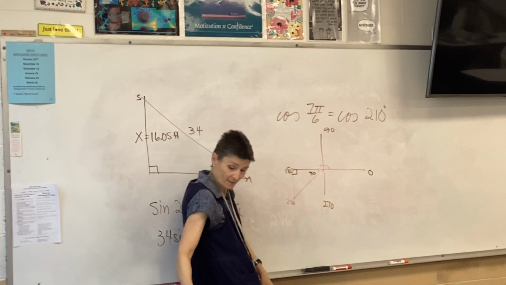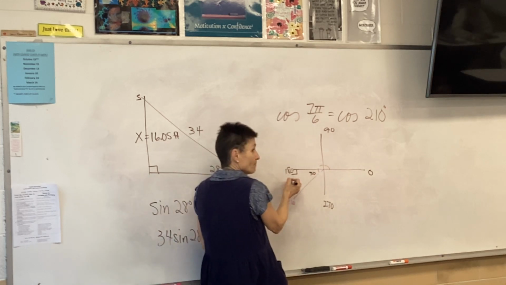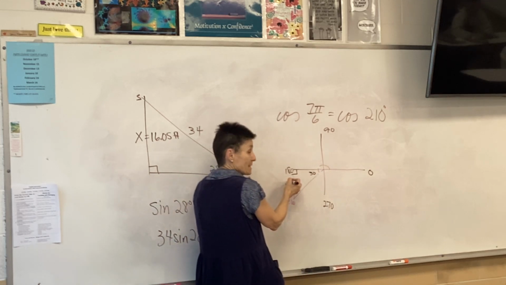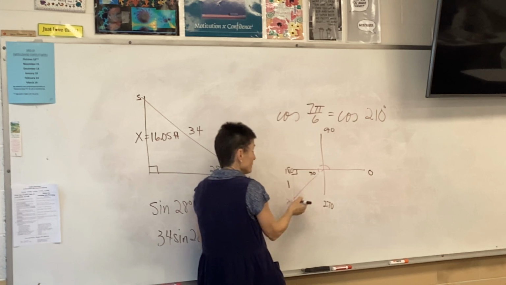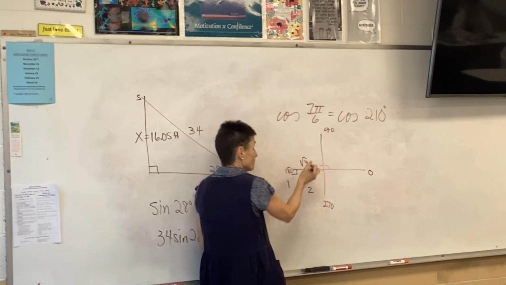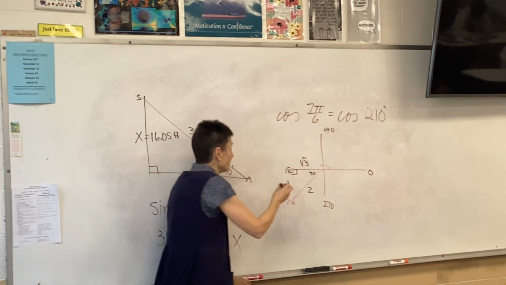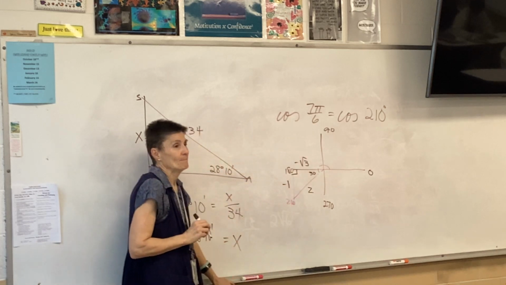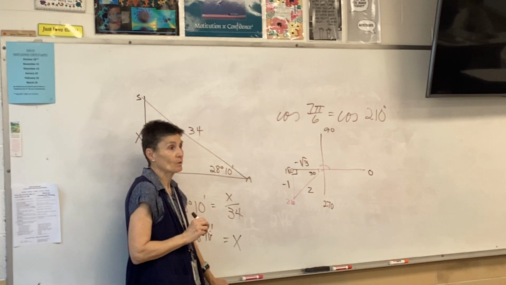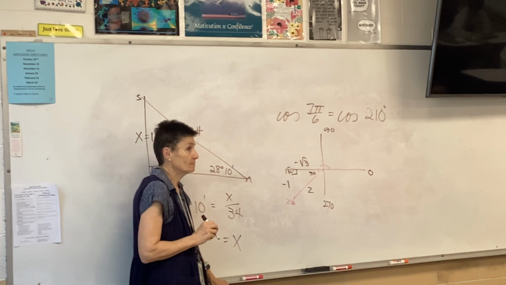Okay, what do I know then? If that's 30, I know this is a 30, 60, 90. So this is 1, 2, root 3. Negative. And these two are both negative because we're in quadrant 3.